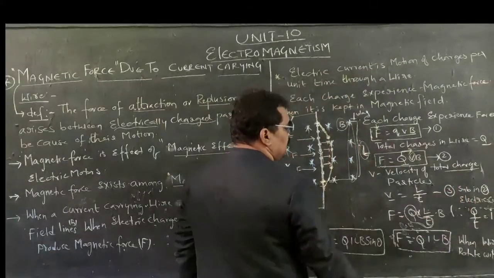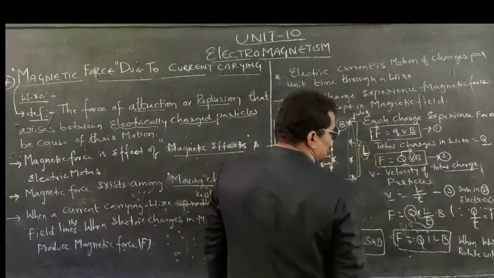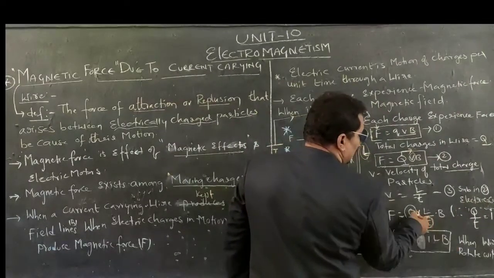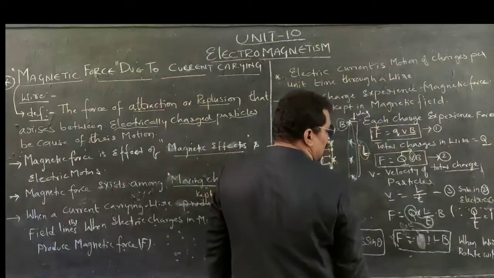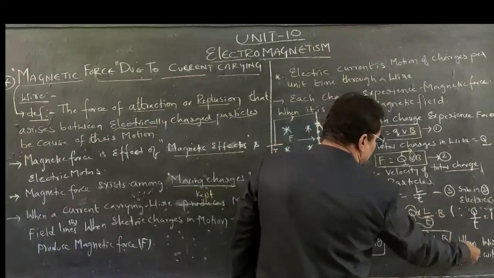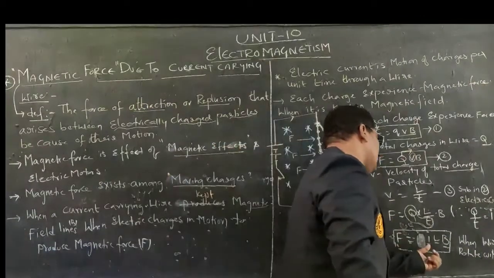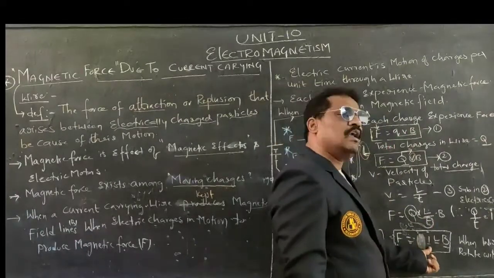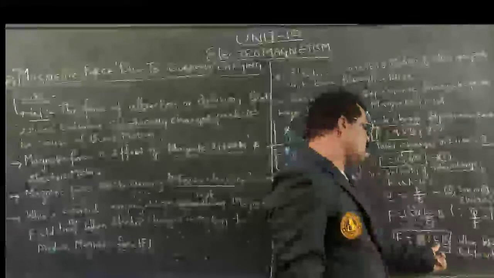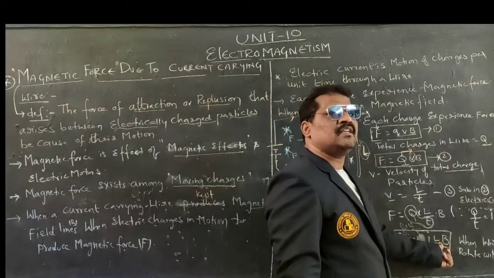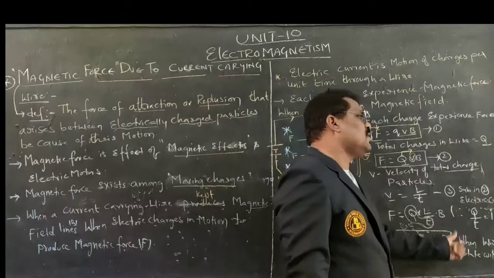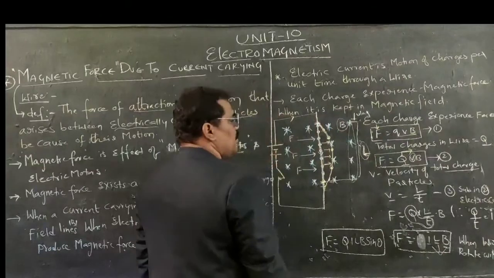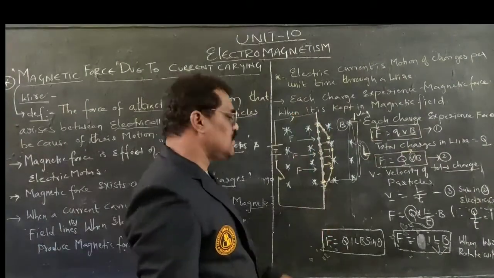Therefore, Q/T = I, and the next terms are L and B. So the force on a current carrying wire depends upon three factors: the current, which is the rate of flow of charges per time interval, the length of the wire placed in the magnetic field, and the magnetic flux density. Depending upon these three factors, the current carrying wire experiences force.